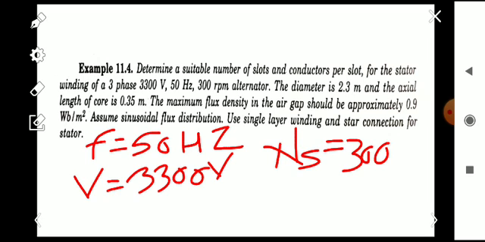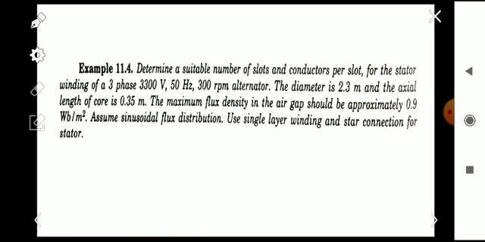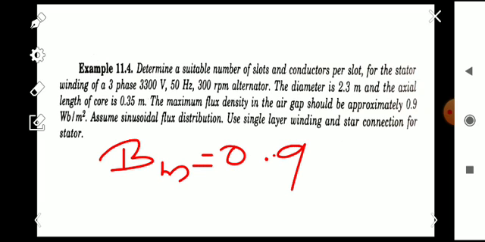The diameter D is given as 2.3, L is given as 0.35, and the maximum flux density in the air gap, Bm, is given as 0.9 Weber per meter square. So these are the given values.